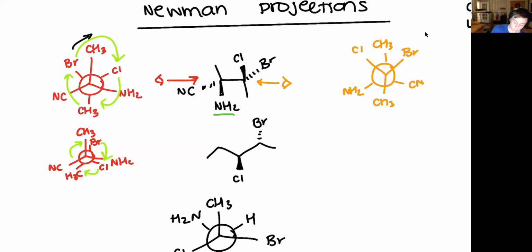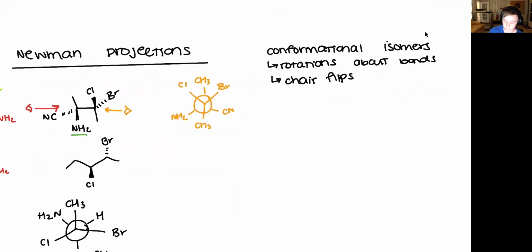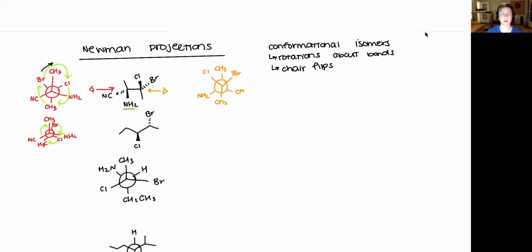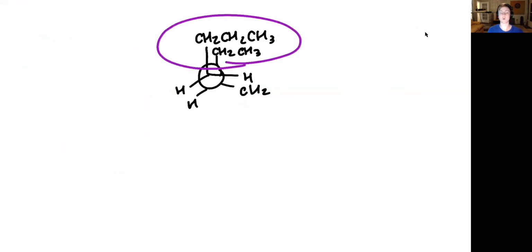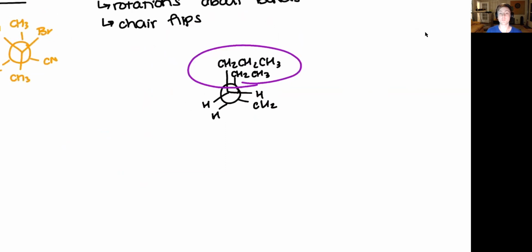And so going back to the conformational isomers and the rotations about the bonds, when we have two big groups eclipsed, we're going to have a lot of strain. So for example, if we have a projection like this, we are going to have a lot of strain coming from these two eclipsed groups because they're both pretty bulky.